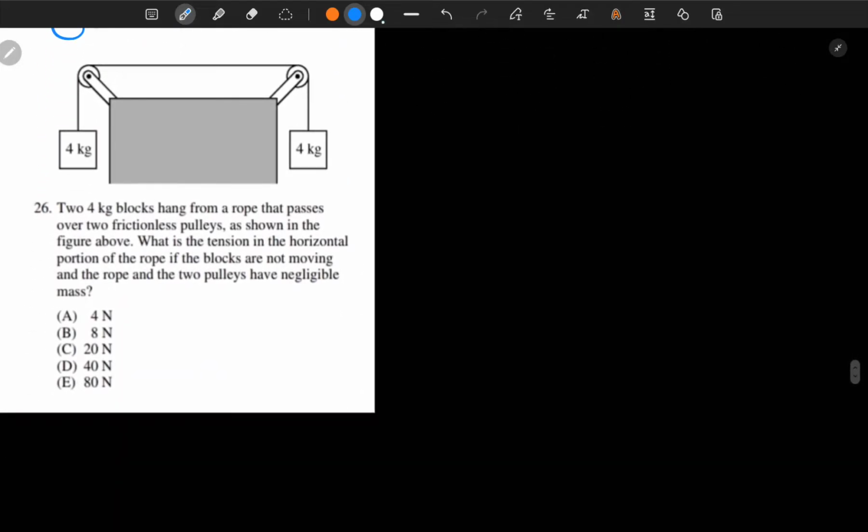Next, suppose we have two 4-kilogram blocks hanging from a rope that passes over two frictionless pulleys as shown in the figure above. What is the tension in the horizontal portion of the rope if the blocks are not moving and the rope and the two pulleys have negligible mass? Well, we know that the gravitational force here should be equal to the tension force, because we have a free body diagram on the block where we have the tension force pointing up and the gravitational force pointing down.